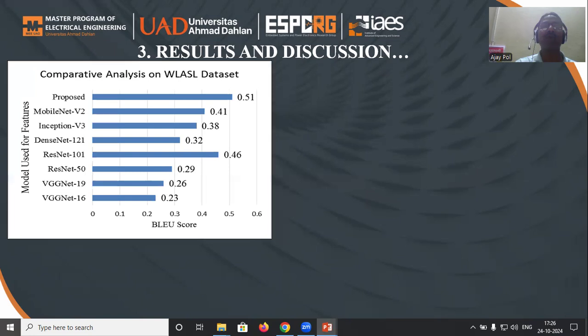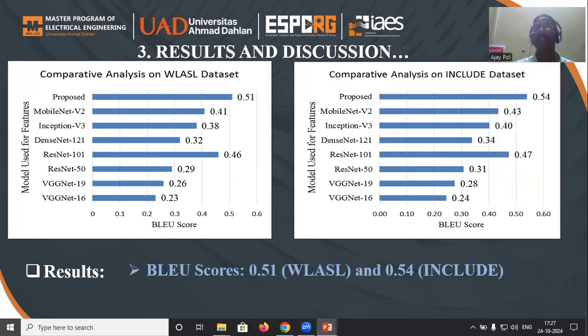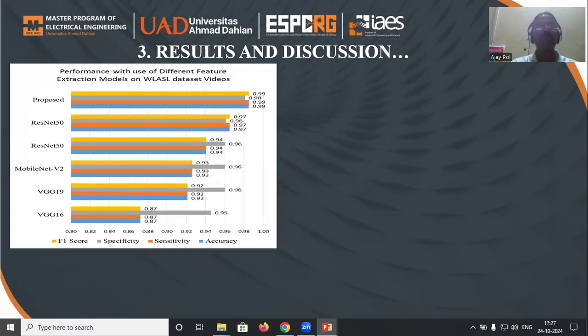From comparing these models, our proposed model found a BLEU score of 0.51, whereas for Indian Sign Language it is 0.54. So we have checked the BLEU score.